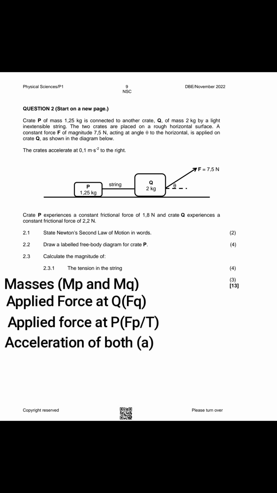We are then given acceleration for both crates P and Q. The statement underneath our diagram adds two more things: friction force at P and friction force at Q. Friction force at P can be represented by FRP or FR1, and friction force at Q can be represented by FRQ or FR2.